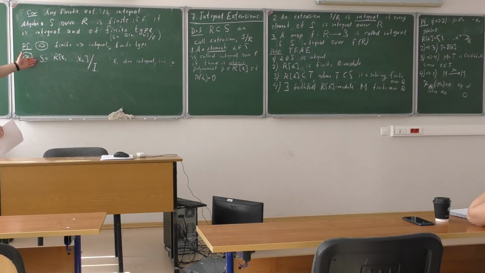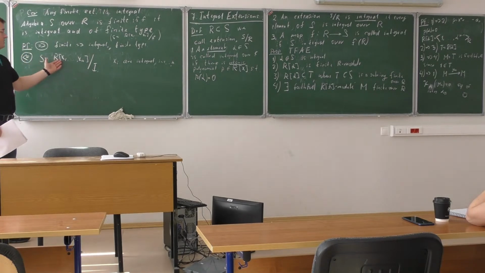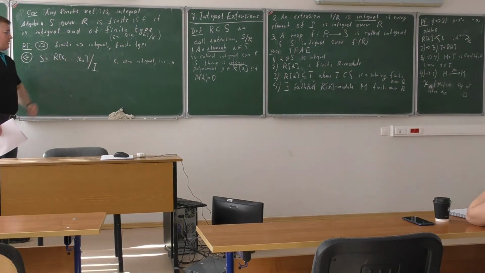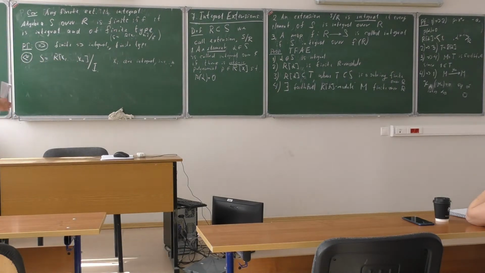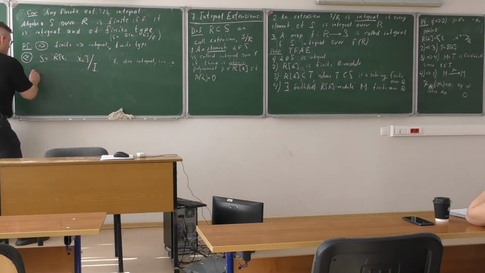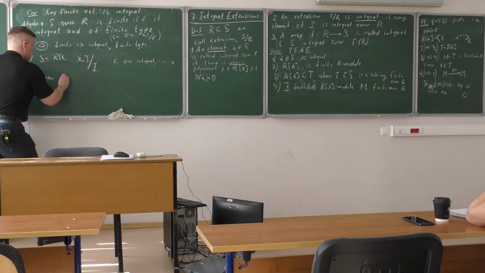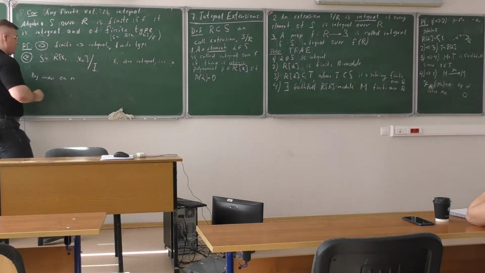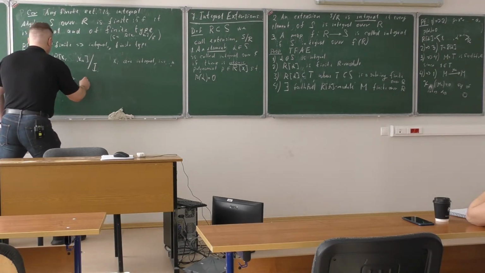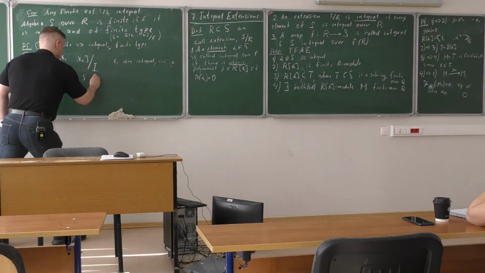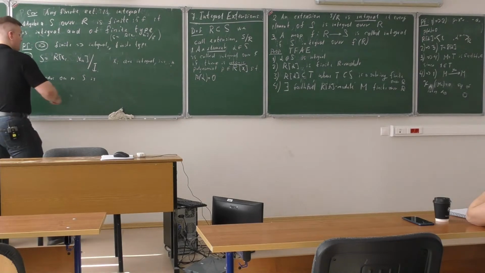If this is an integral extension, any element is integral, so in particular the generators are integral. Well, then you just consider induction on n. By induction on n, S is finite.